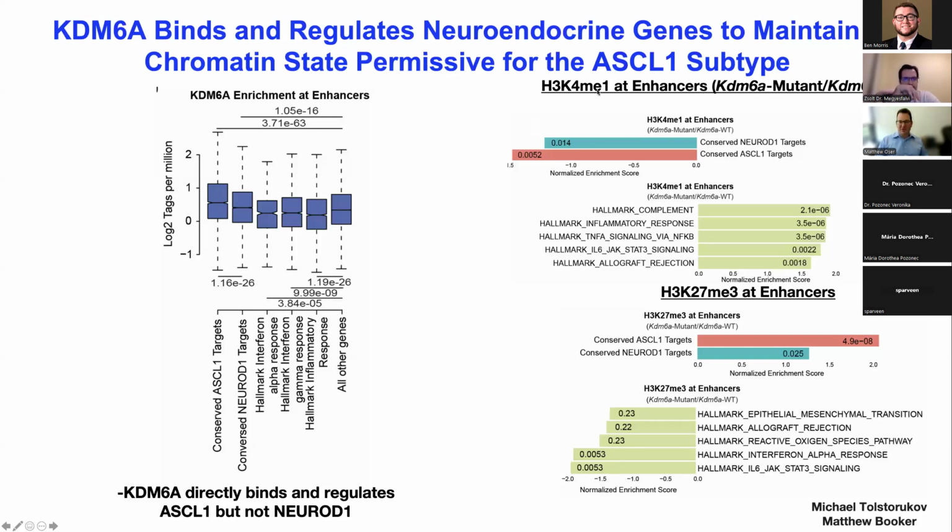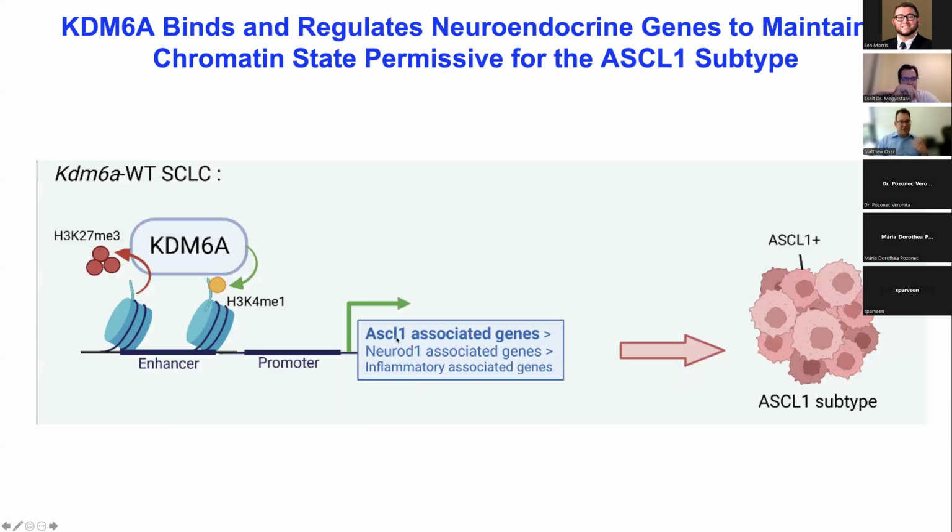So the H3K4 monomethylation at enhancers went down, and this was most strongly significant at ASCL1 target genes. And the trimethylation H3K27 went up. And so this at least correlated very strongly with what we'd expect as a direct effect of KDM6A. So this part of the story, I think we can conclude that KDM6A has these two functions in small cell lung cancer. And in an ASCL1 subtype, this is keeping cells in an ASCL1 positive state.